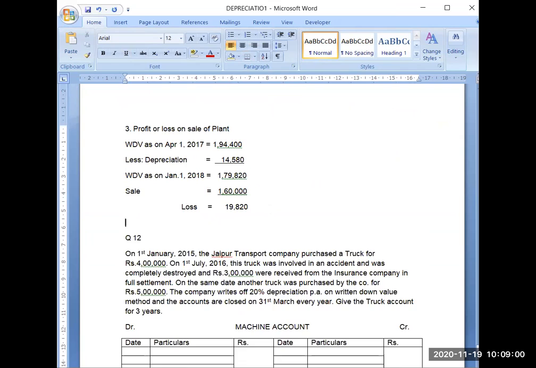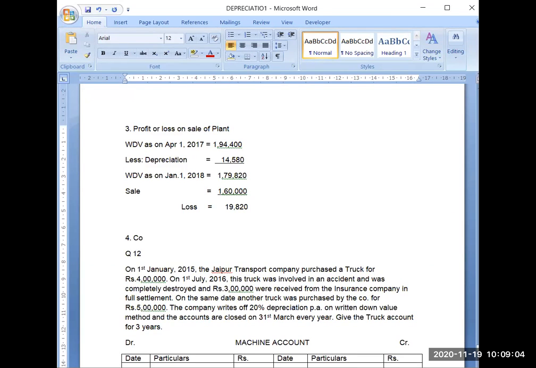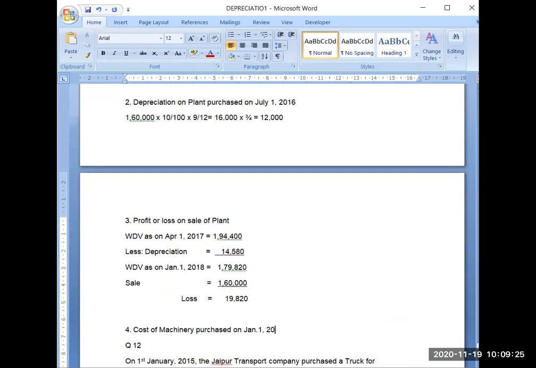So the cost of the machinery purchased on January 1, 2018 is equal to 40,000 plus 48,000 plus 44,000 minus 8,000 interest minus 4,000 as interest. So this will come 1,20,000.